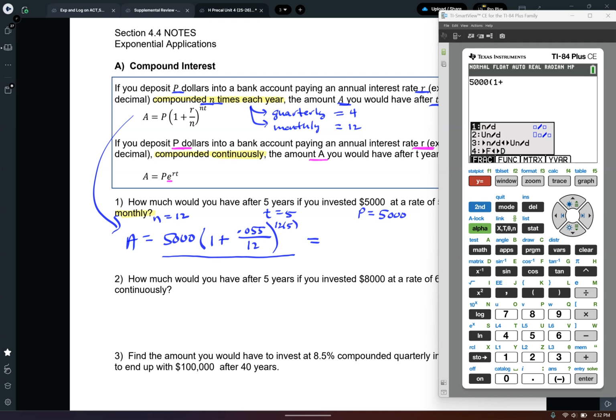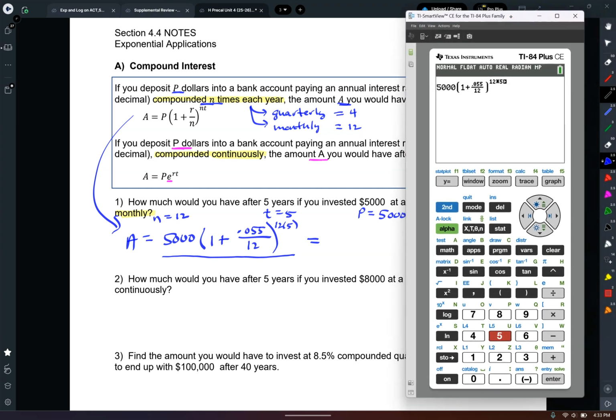And that fraction is 0.055 over 12, and then close that big old parenthesis, and then that whole thing has an exponent of, you can either type in 12 times 5 all in the exponent, or you could just do the multiplication yourself and say, to the 60, however you want to do that, and then enter. And so that's the amount.